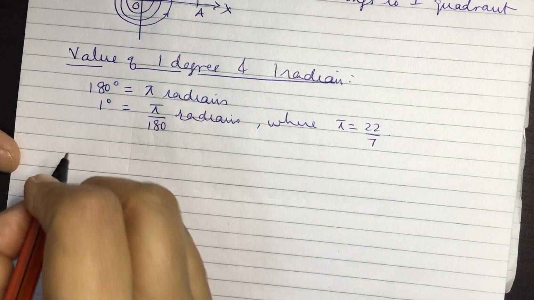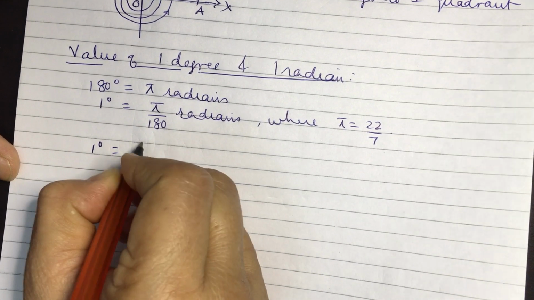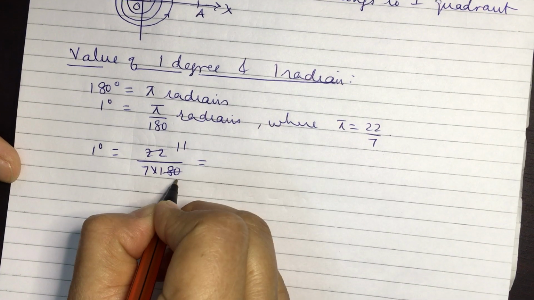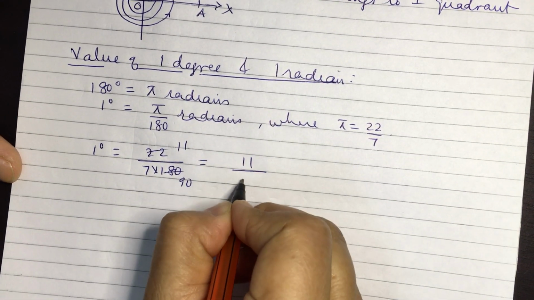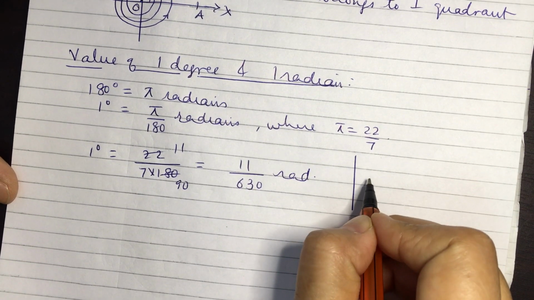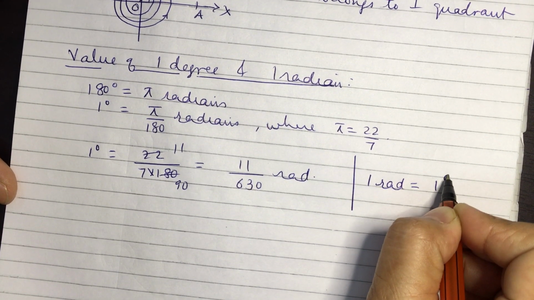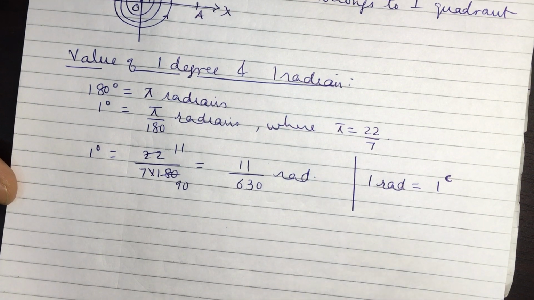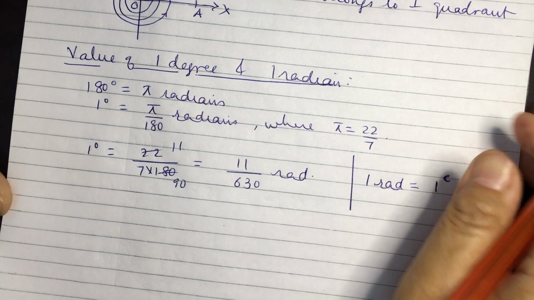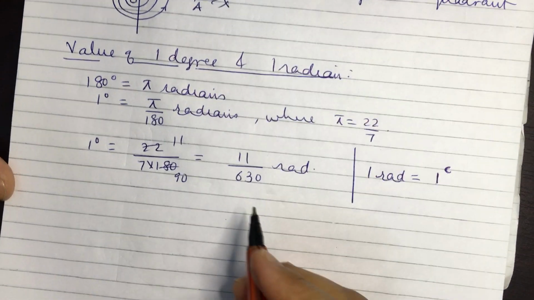So let's start solving it. 1 degree is equal to 22/7 into 180, which gives 11/630 radians. Sometimes 1 radian is also written with a small c in the superscript at the top right corner of 1.